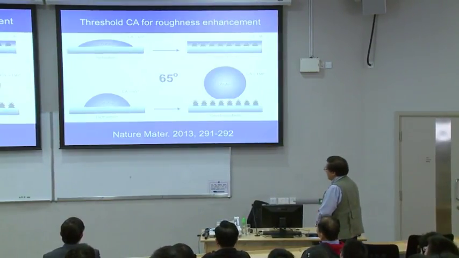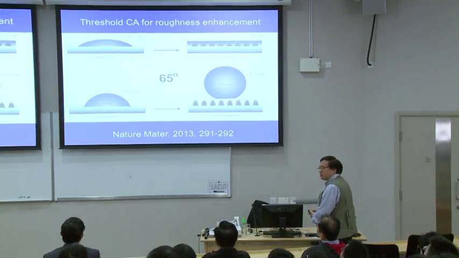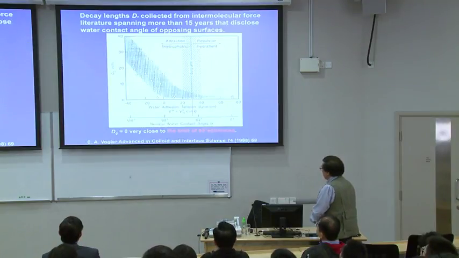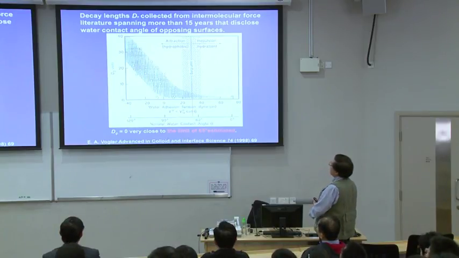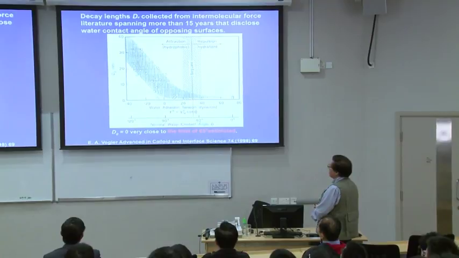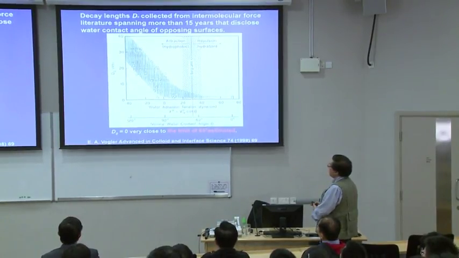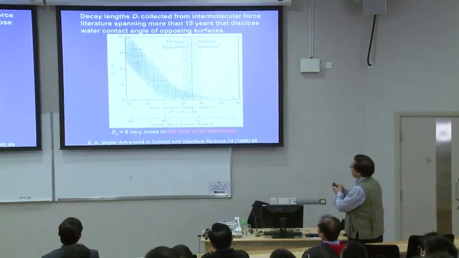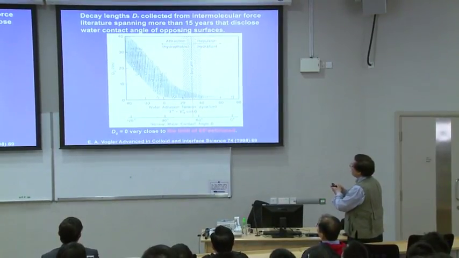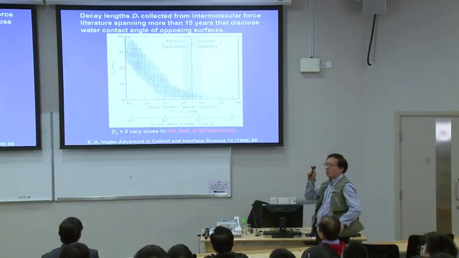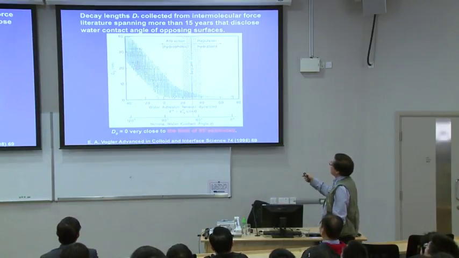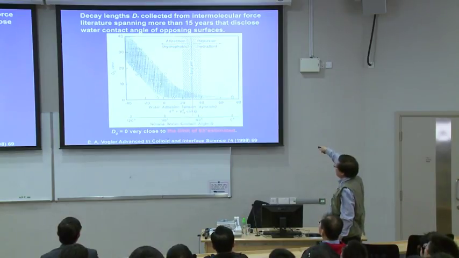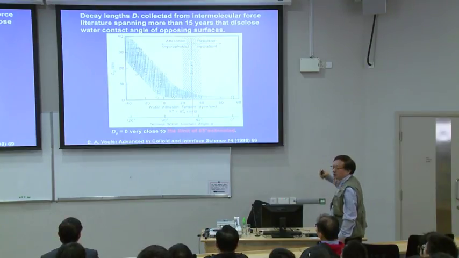It is a threshold value for the roughness enhancement of wettability. The meaning is also from the end of last century, when Vogler collected 17 years of data on the adhesion tension of water to different kinds of substrates. He tried to give a limit between the attraction or repulsion force of water molecules to the solid. This water adhesion limit corresponds to a water contact angle of 65.